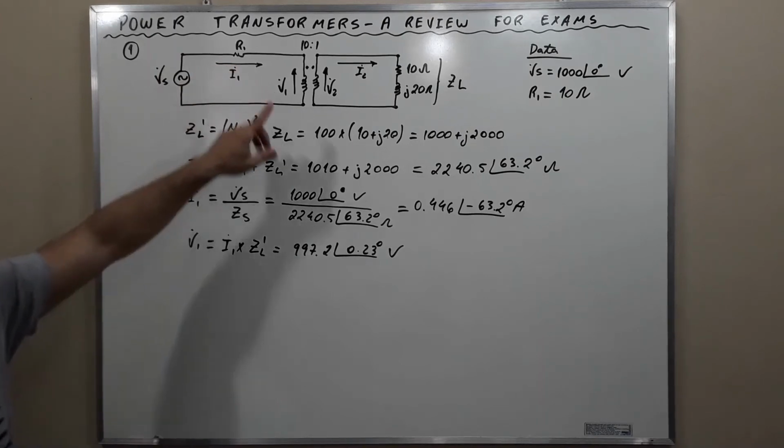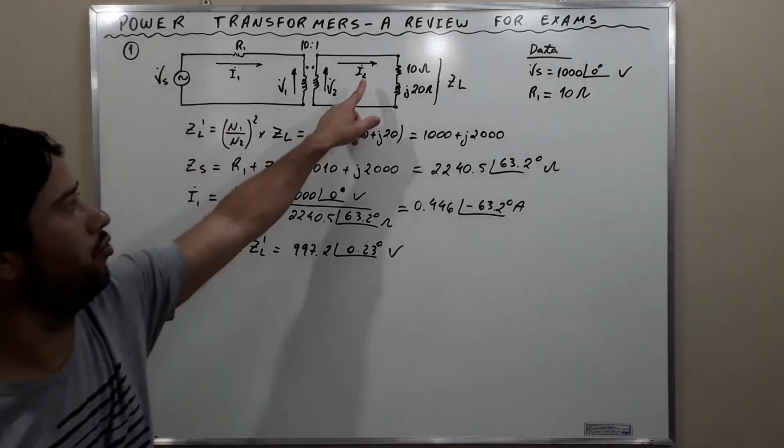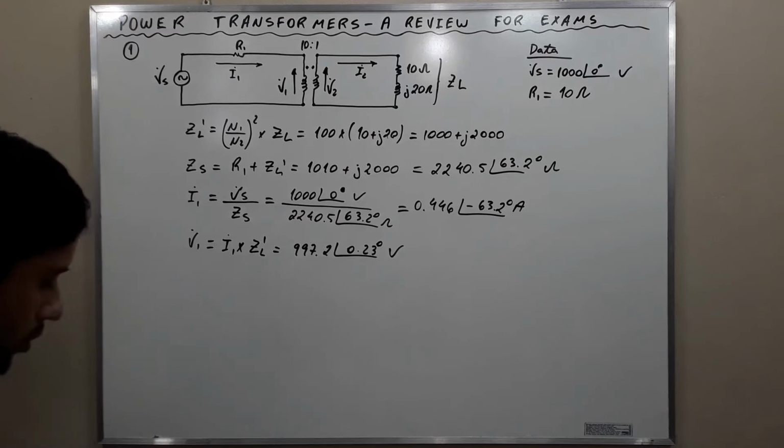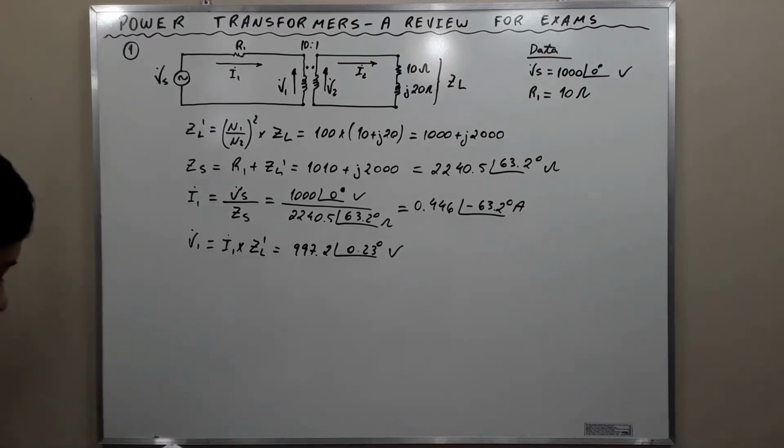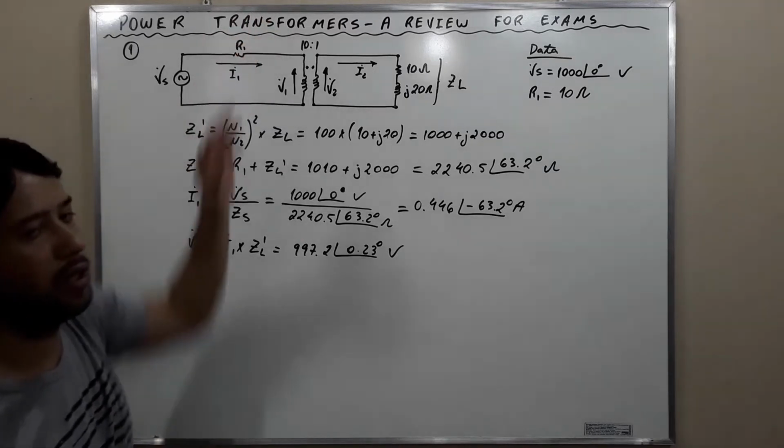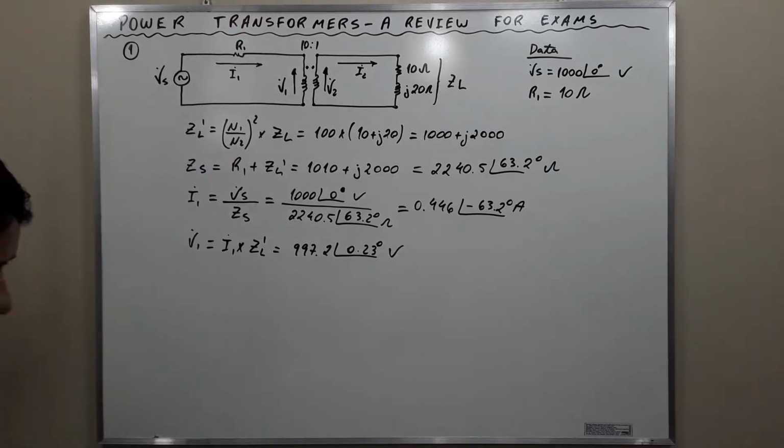Now we are going to compute V2 and I2. We need to use the turns ratio of the transformer to compute the secondary current and voltage.